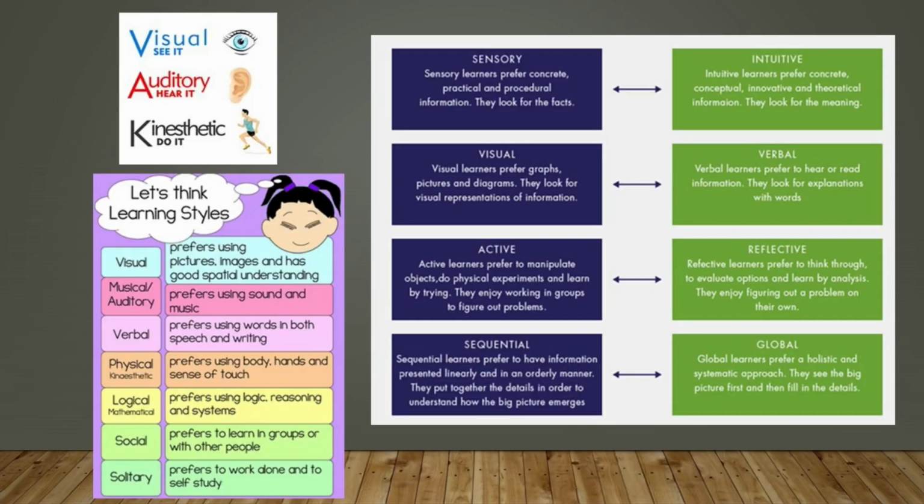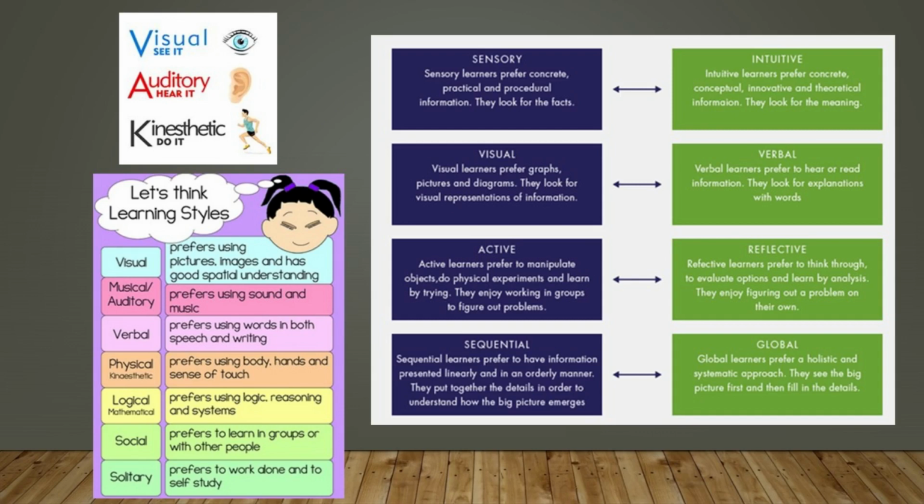Now we have students with multiple different learning styles, right? We have some students that learn better visually, another student that learns better with physical or kinesthetic. So just think of ways that we can take our lessons and make sure that we are hitting multiple learning styles. Here I have a chart, a list of learning styles and how we can implement them into our lessons.